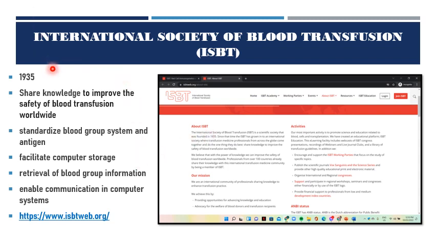According to ISBT, as of June 2021, there are 43 recognized blood group systems and 345 red cell antigens. So, ang dami. So, because of this number, the ISBT has 4 categories or classification for red cell surface antigens.